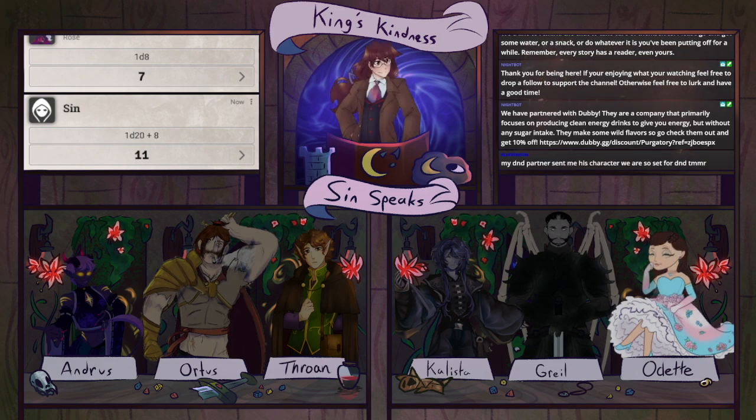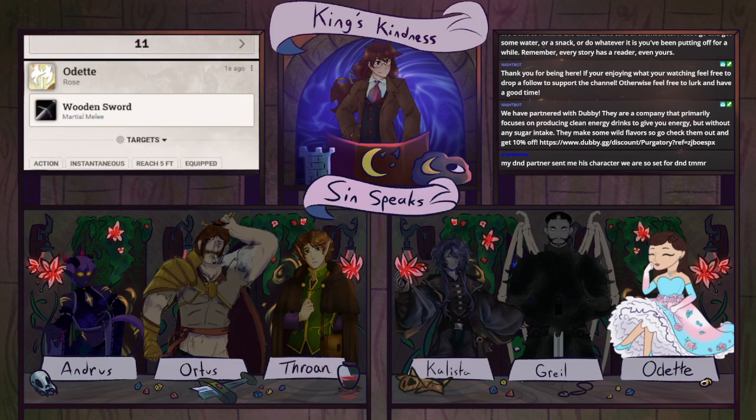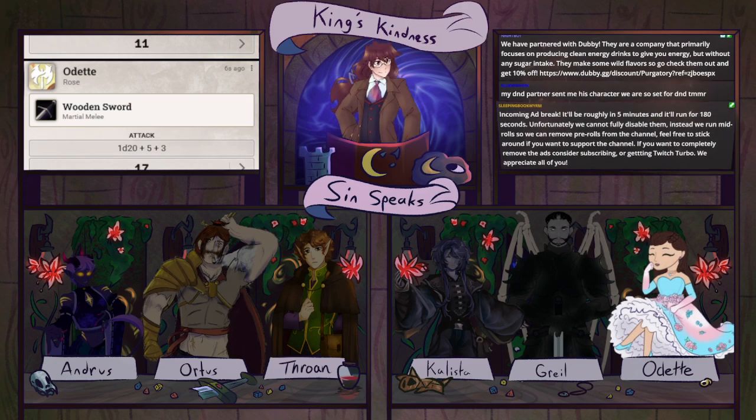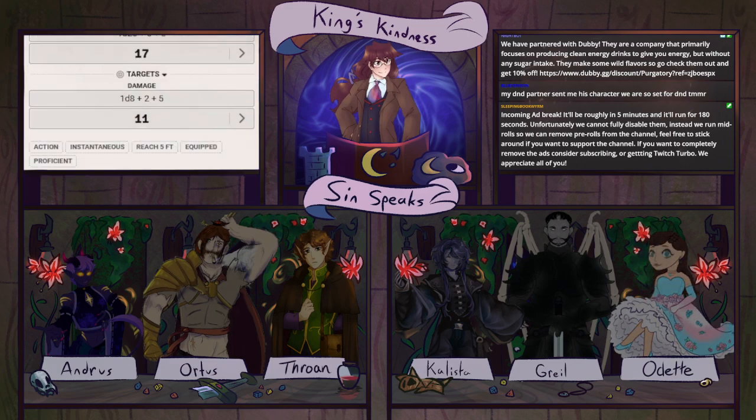Zoomies. Well, I have expeditious feet, so I dash up to her and then stab her in the. Well, we'll see. Or not. I don't even know where that one was aimed. It does in fact miss. What she is going to do is try to grapple you. I believe that's athletics versus athletics for a grapple. Let me have a look.